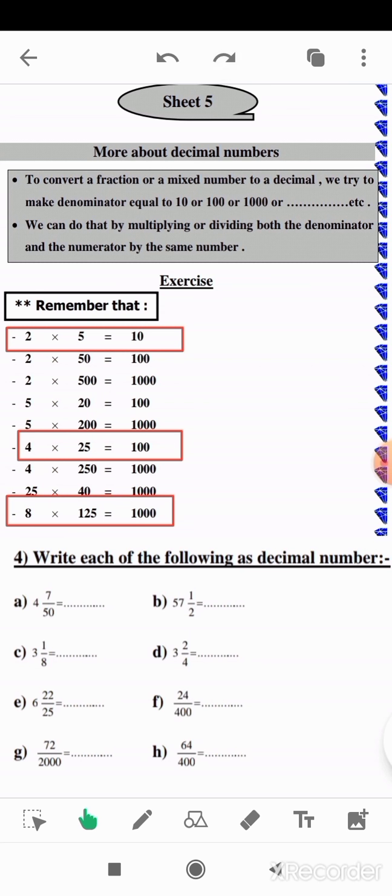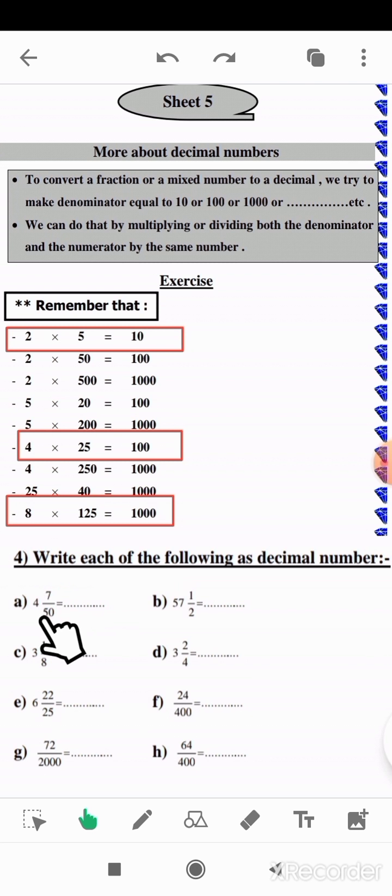In these examples, write each of the following as a decimal number. In this mixed number, I find the denominator is not 10 or 100 or 1000. So how can I convert this mixed number to a decimal number?